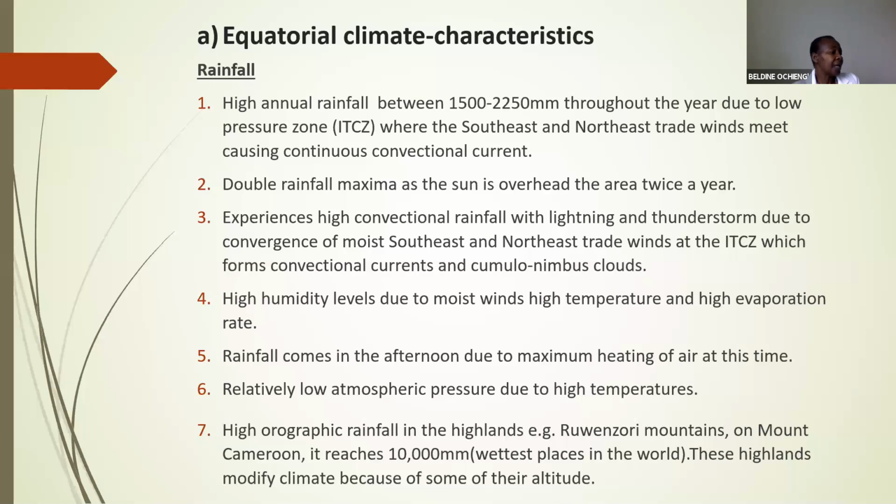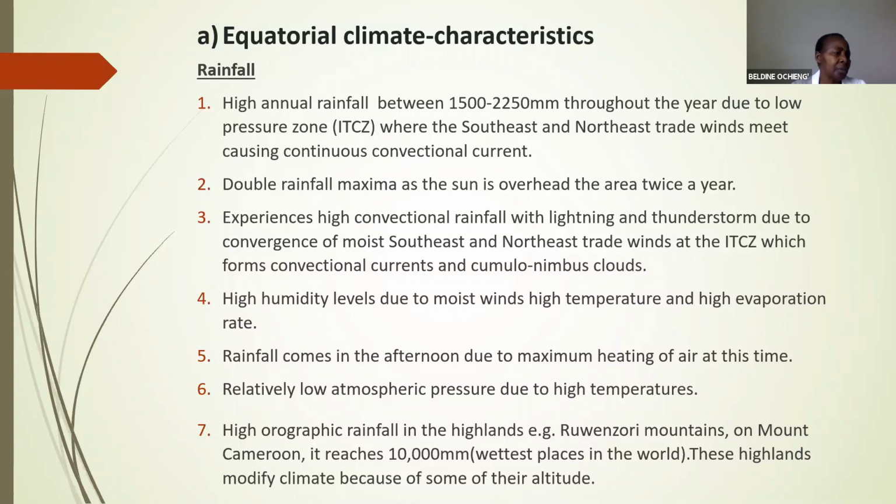Number 4, high humidity levels due to moist winds, high temperatures, and high evaporation rate. Obviously, high rainfall is due to high temperatures, high evaporation rate, and we have the moist winds giving us the high humidity. Rainfall comes in the afternoon due to maximum heating of air at this time.